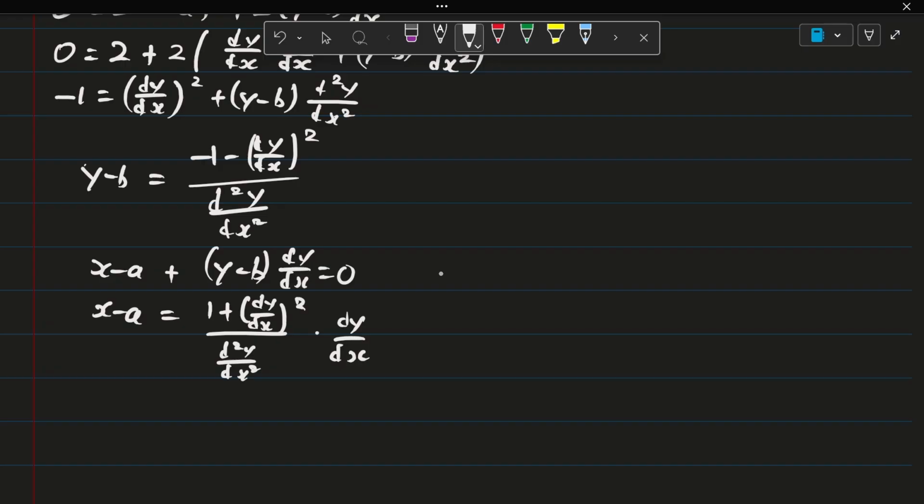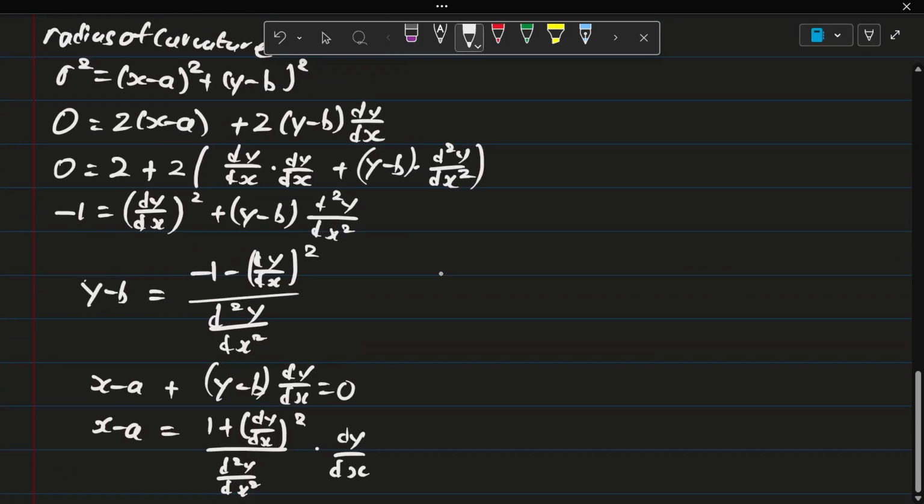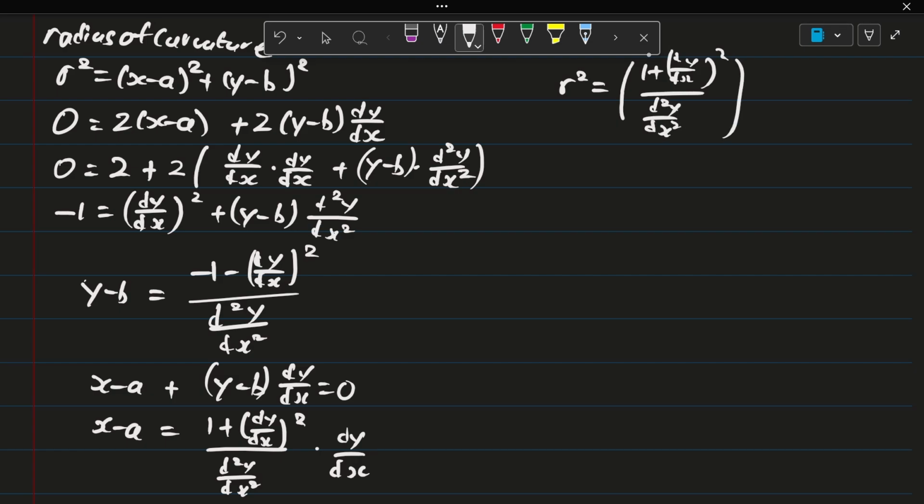So we could use the very first definition of the radius of curvature to figure out what r, your radius, is exactly. If we plug in your x minus a as well as your y minus b, you get r squared equals 1 plus (dy over dx) squared over d squared y over dx squared, with the dy over dx squared here.